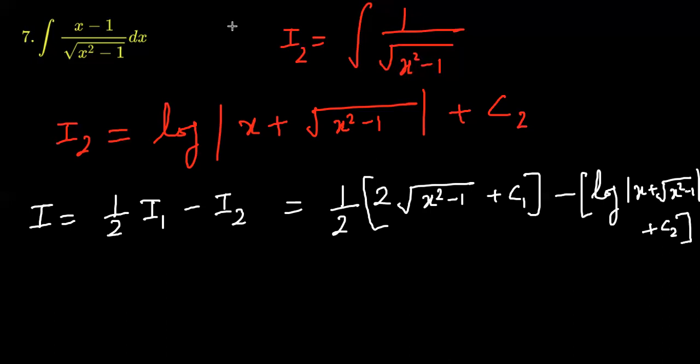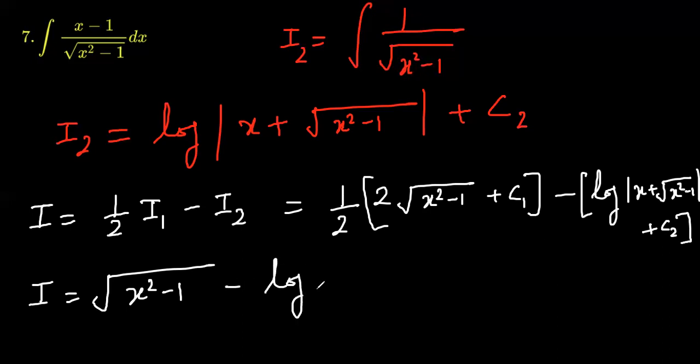If we group them together, our I would look like half and half cancels, so the square root of x squared minus 1, plus half times c1, and minus log of x plus the square root of x squared minus 1, minus c2.